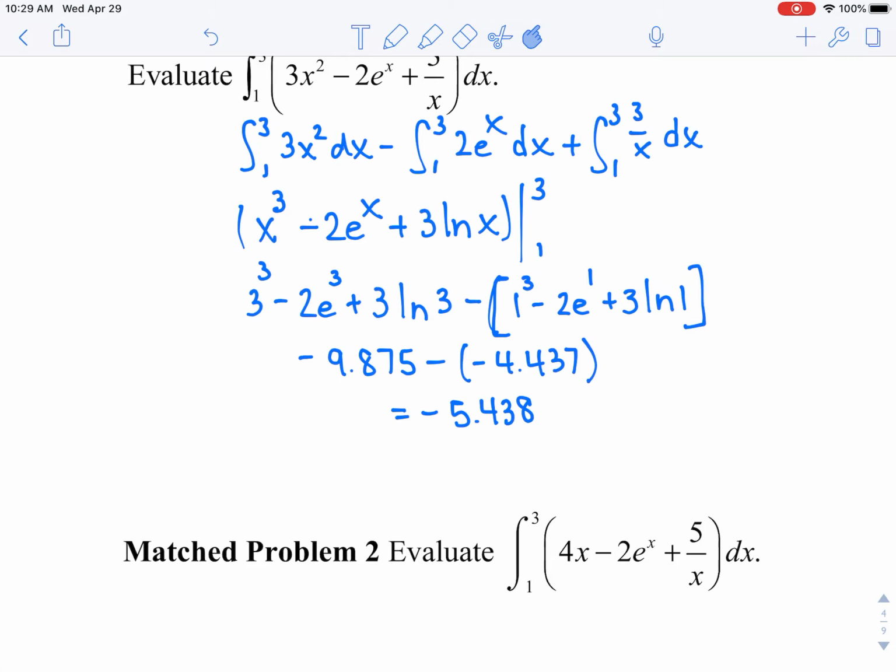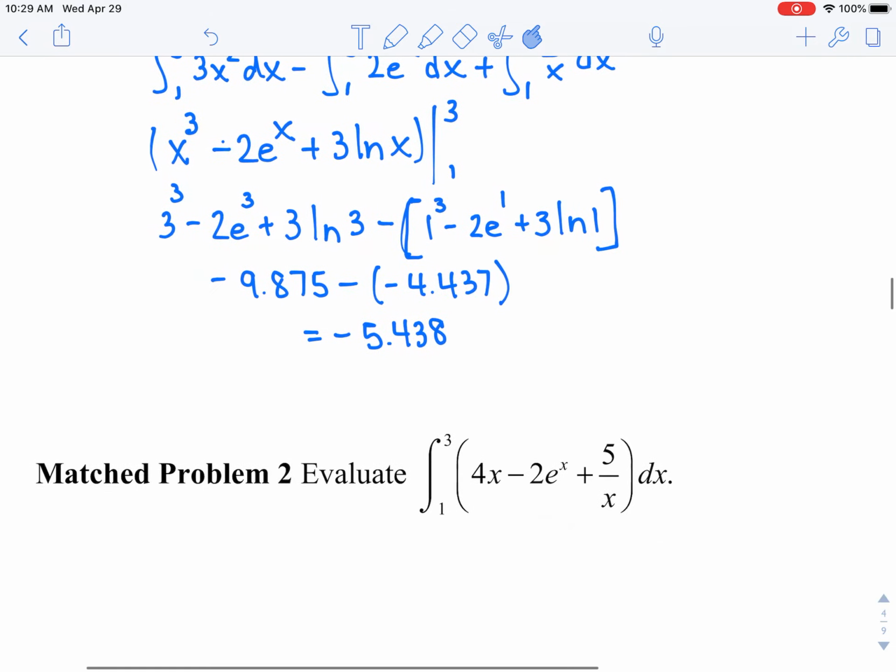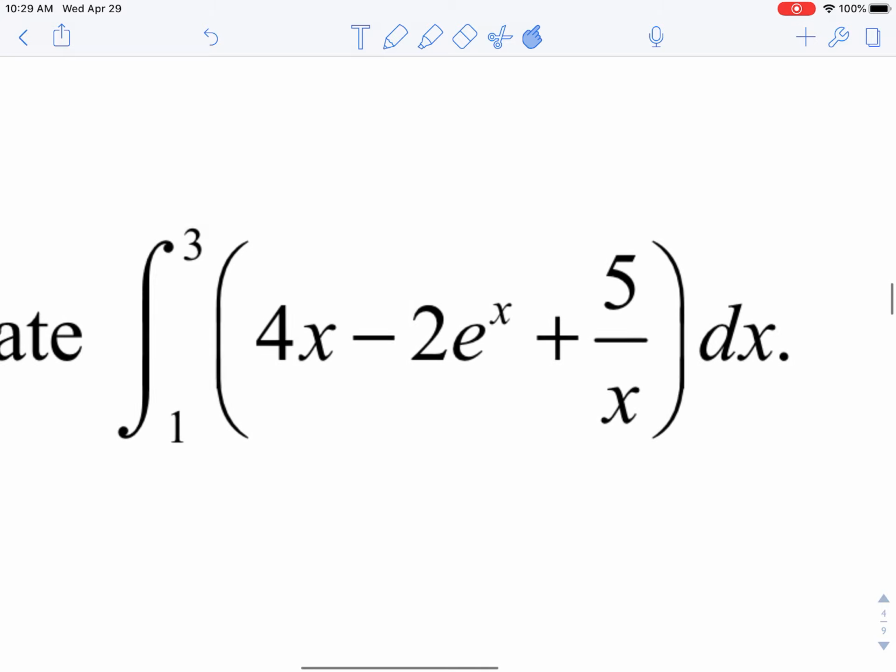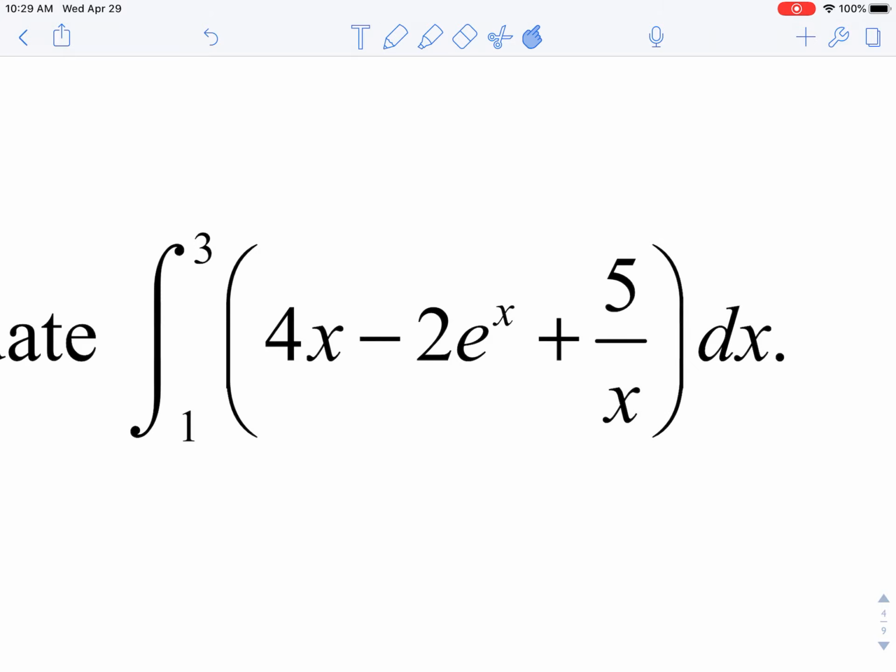Okay, so I have a problem here for you to try based on that. Integral 1 to 3 of 4x minus 2 e to the x plus 5 over x dx.